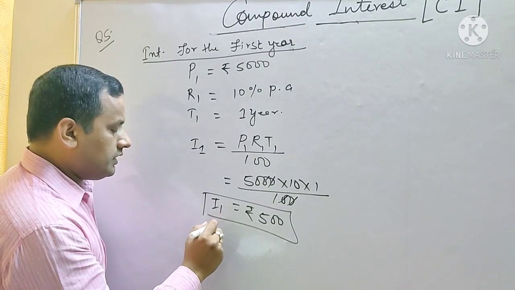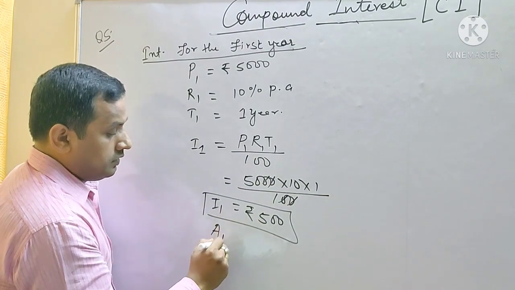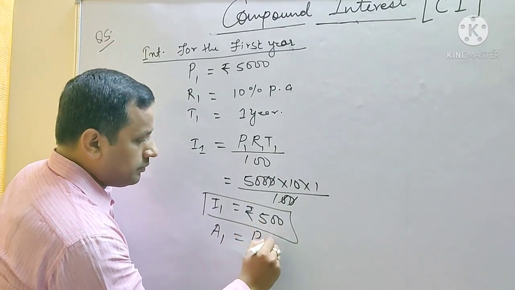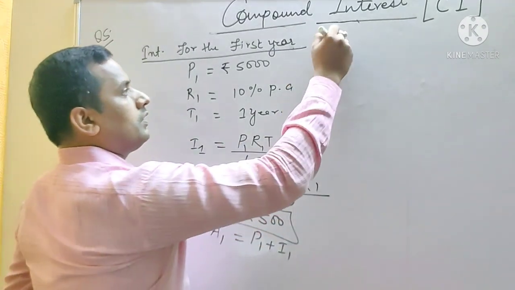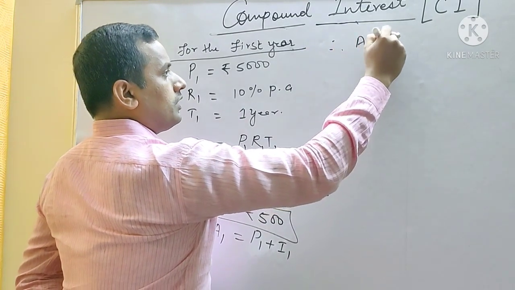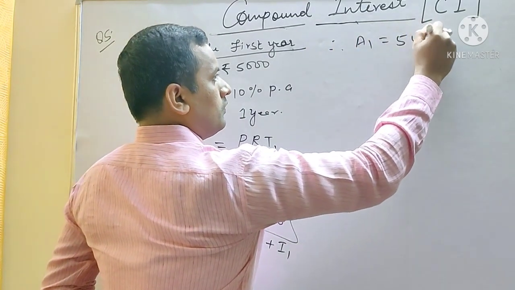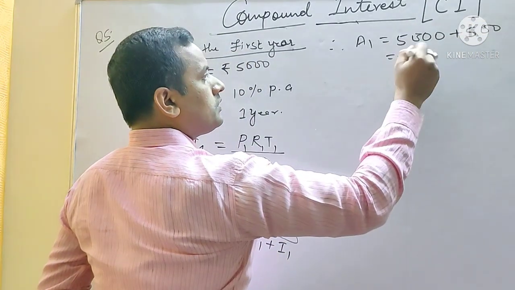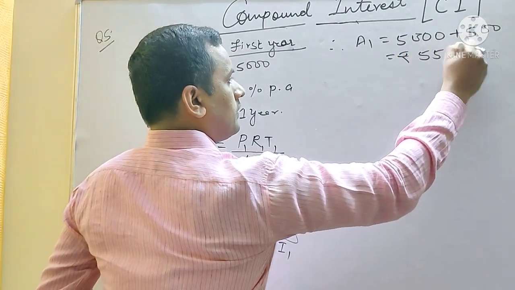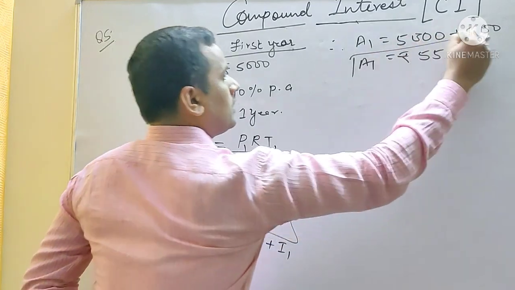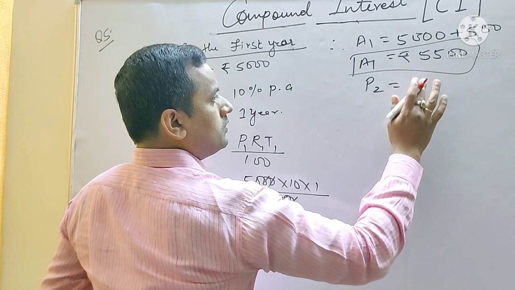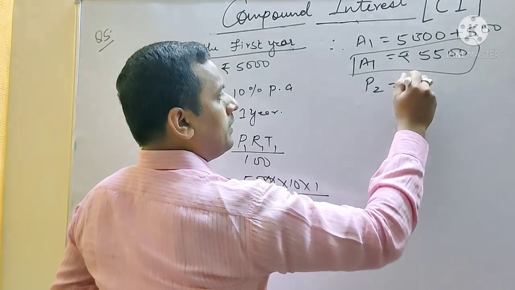This interest will give us the amount of the first year, which is P1 plus I1. Therefore A1 equal to 5,000 plus 500, that is rupees 5,500. This amount becomes the principal of the second year.